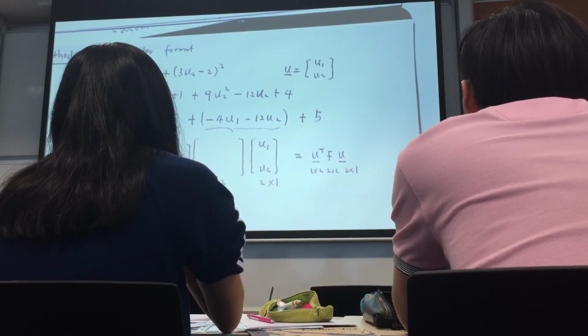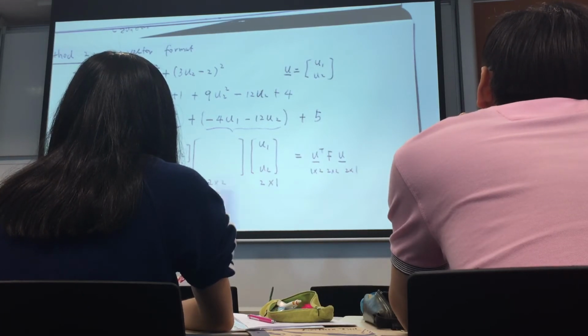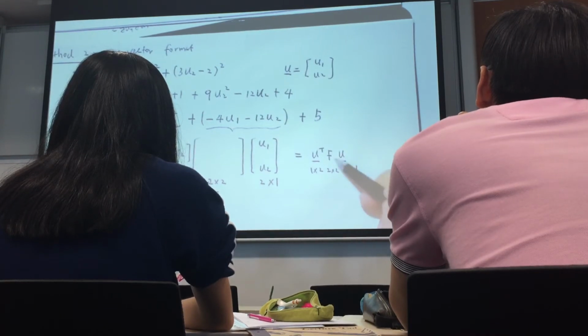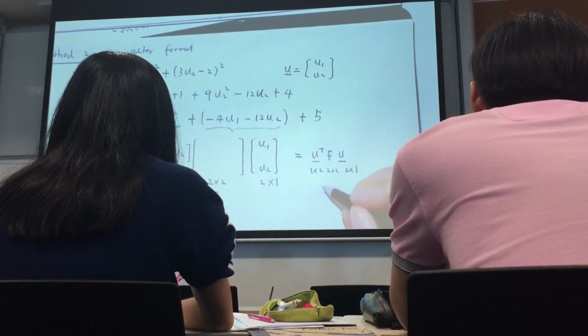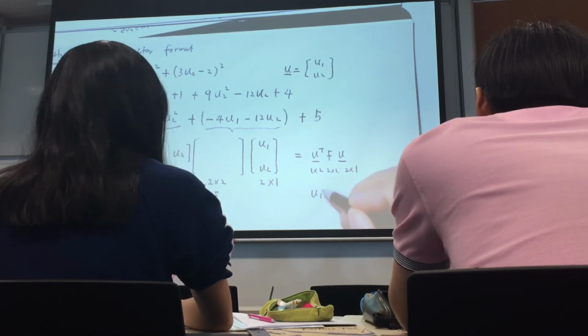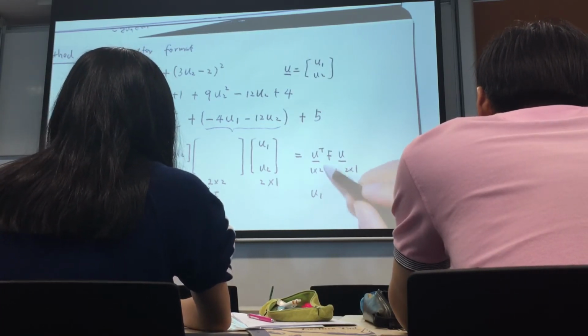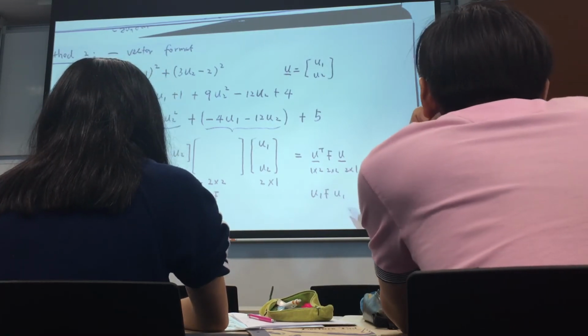So now we already determined the format. You know this format is quite similar to the one-dimensional problem. For example, if you only got u1, then u1 transpose is equal to u1 multiplied by a constant F multiplied by u1.